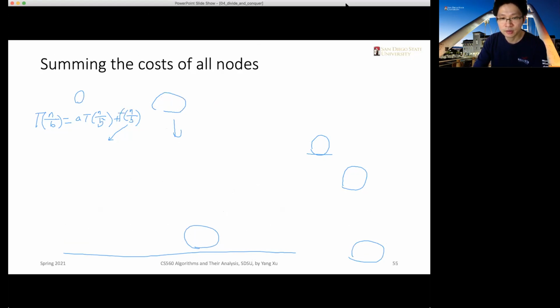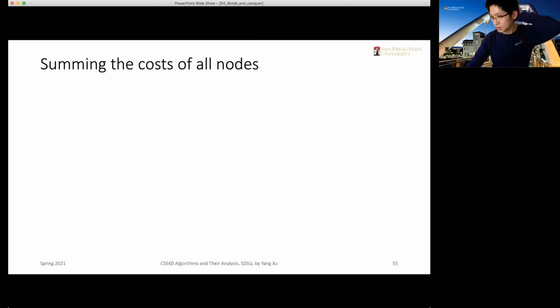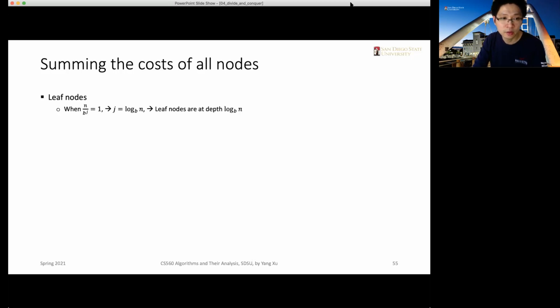Once we have this quantity, we need to sum up the cost for all nodes. We sum up each level first and then sum up all the levels. Before that, we need to consider the leaf nodes. Each node at the bottom level is a leaf node.